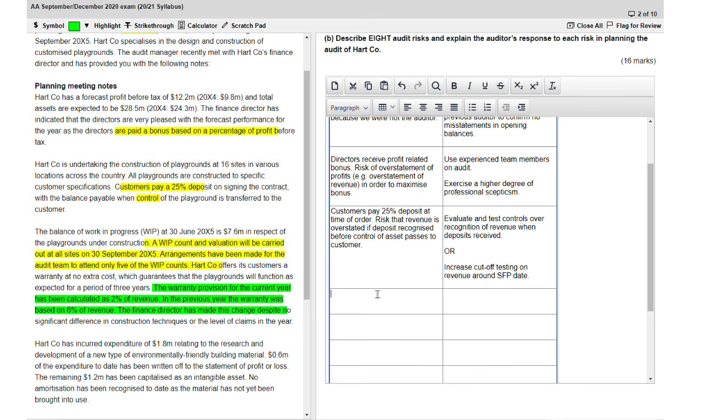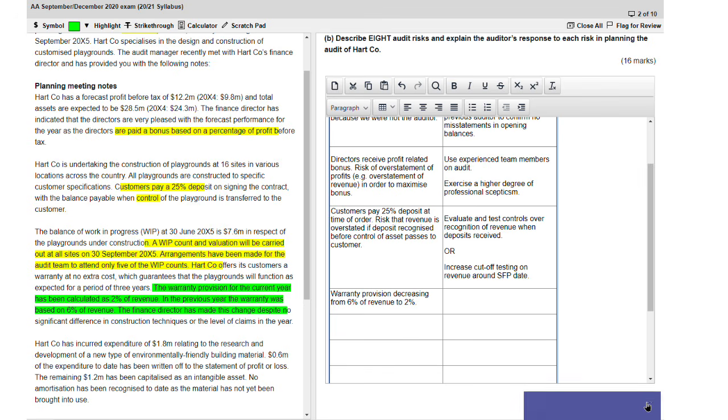So I've noticed that the warranty provision is decreasing from 6% of revenue to 2%.